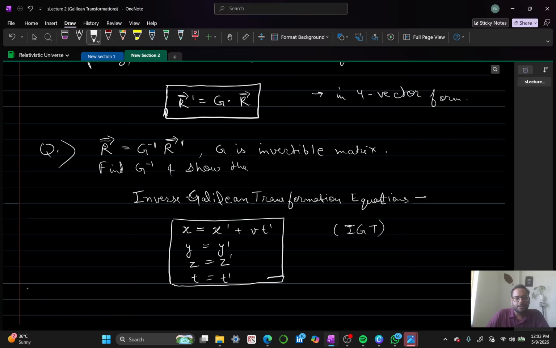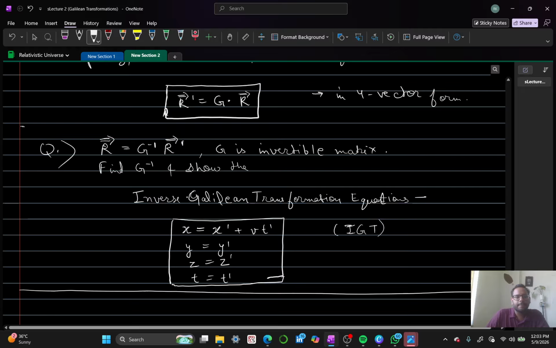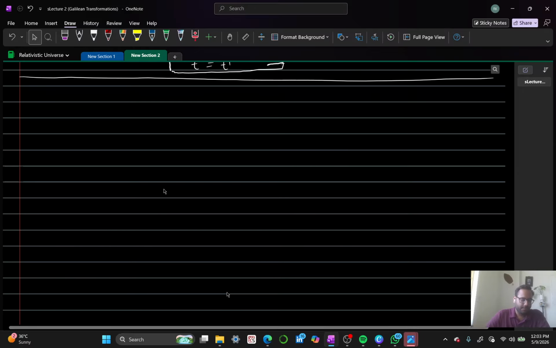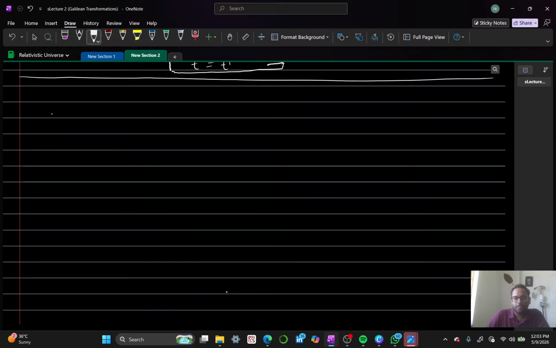You just find that inverse matrix explicitly and verify these are the inverse Galilean transformations. Now I will take a few more minutes because I need to complete this Galilean part.